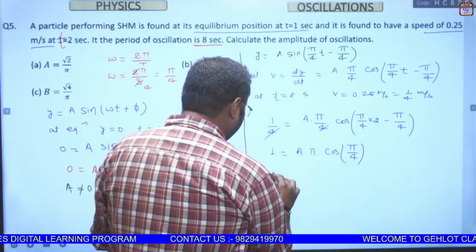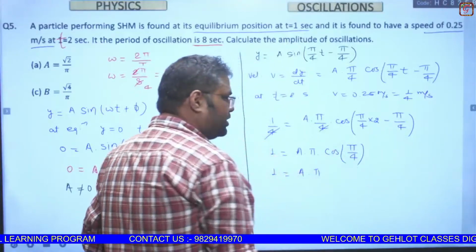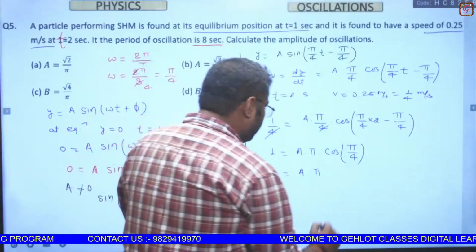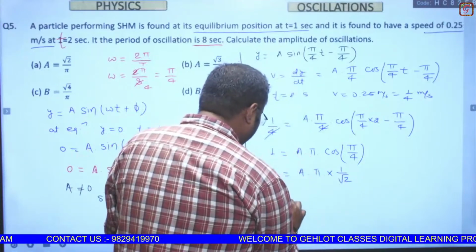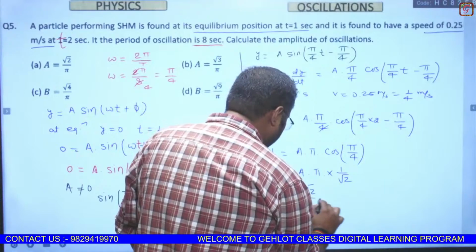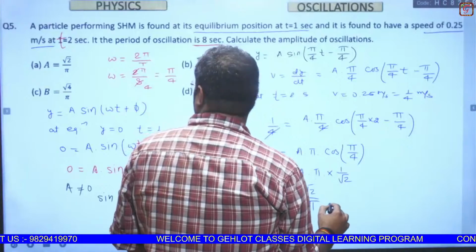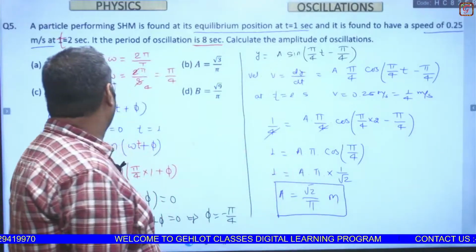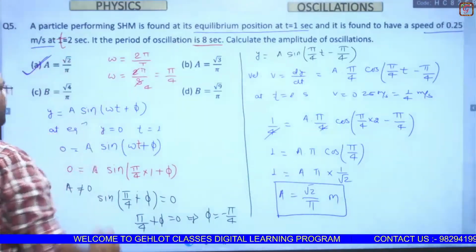Now substitute the value. 1 is equal to a into pi into cos(pi by 4). Cos 45 degrees is equal to 1 by root 2. So if we cross multiply this, the value of a will become root 2 upon pi. So this will be the amplitude, and the unit will be meter. So a is equal to root 2 upon pi meter, and root 2 upon pi is option A.